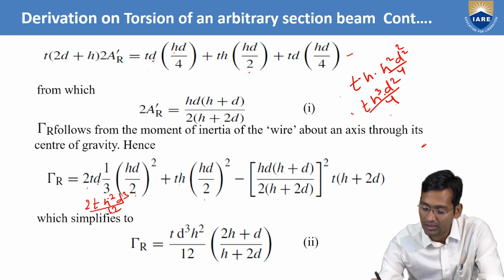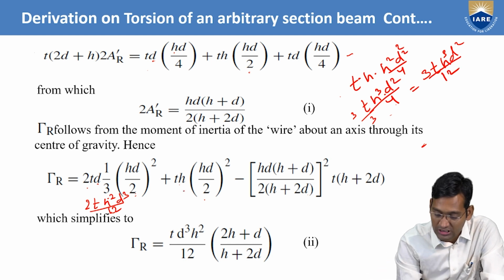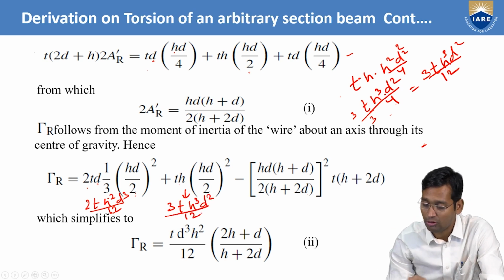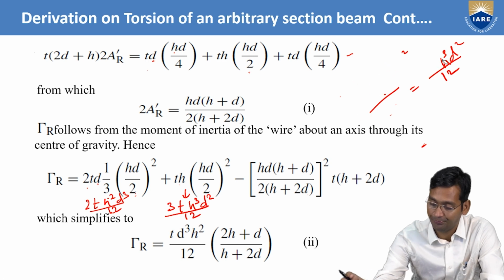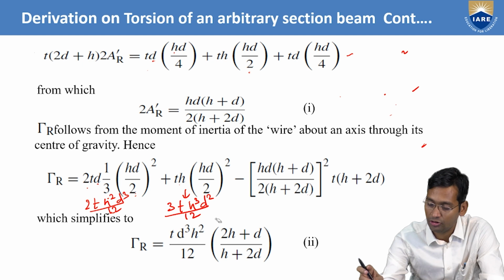So we are multiplying and dividing by 3. So this will be 3t h cube d square by 12. Now this term we have to simplify, and then further we have to simplify this also.